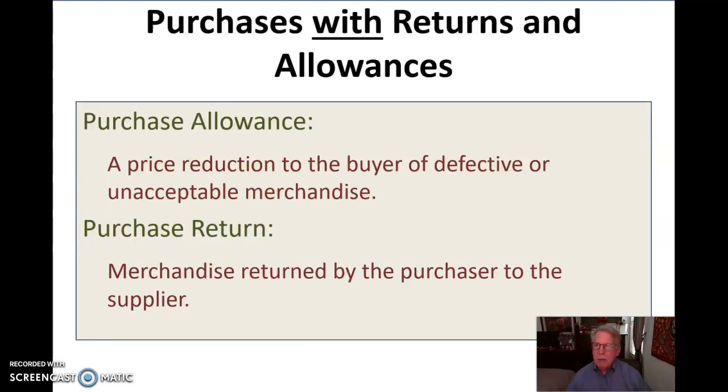All right, we have purchase returns and allowances. What are those little beauties? Well, a purchase allowance is a price reduction to the buyer because of defective or unacceptable merchandise. I always use the example of going down to Nordstrom's and buying a Christmas sweater. And if I buy a nice pretty wool Christmas sweater that's bright red, something like that, I get it home and I find out the moths have eaten a hole in it. Not a good thing.